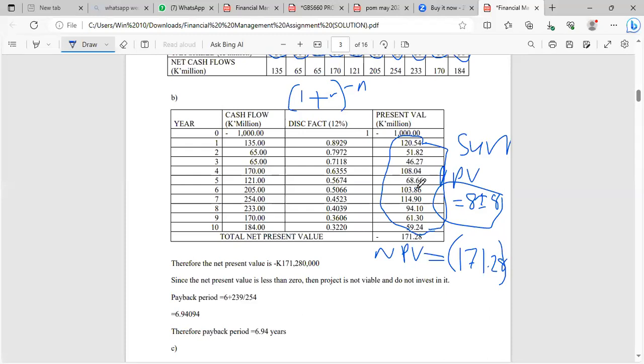What answer did you get before subtracting? I didn't write it. Okay, so let's move on. What's the total answer after adding the present values? Okay, just write the answer somewhere. Yes, let me write it.